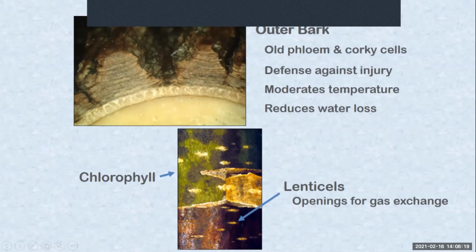And these lenticels here are just little openings in the bark tissue that allow for that gas exchange to occur. So the carbon dioxide can get into the bark layers and into this area where the chlorophyll exists. So photosynthesis can be carried out. So that's your lenticels.